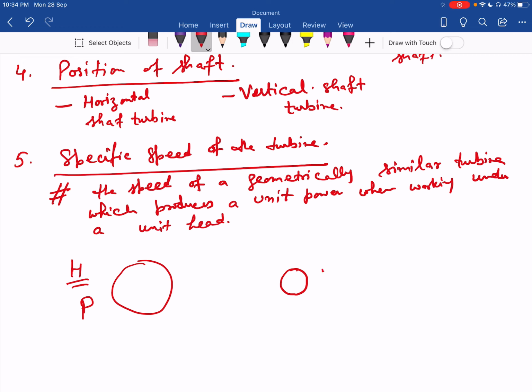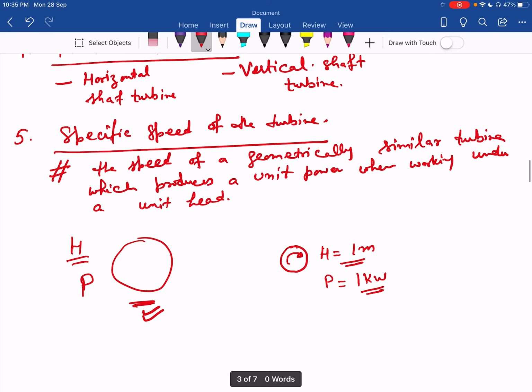Under this model the working head is 1 meter, and we try to produce from this model a power of 1 kilowatt. So to produce a power of 1 kilowatt, at what speed we have to rotate its runner, that we call as the specific speed of the actual turbine.